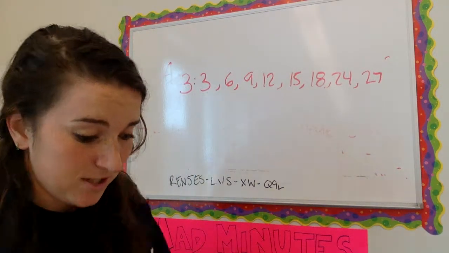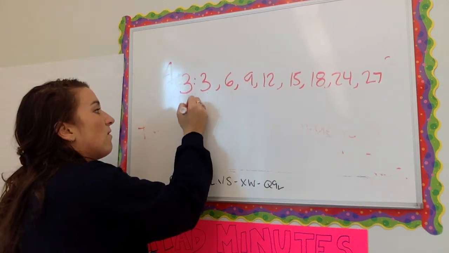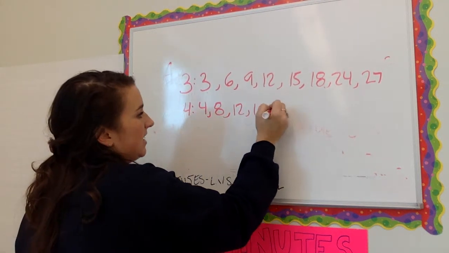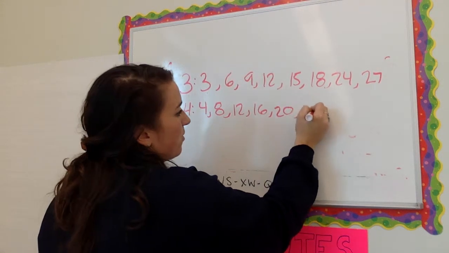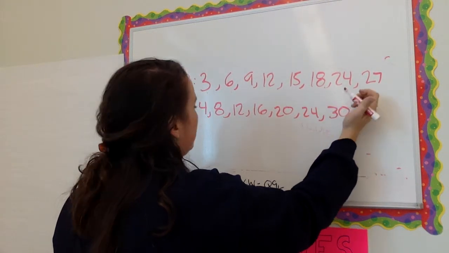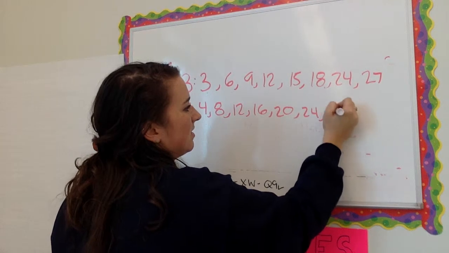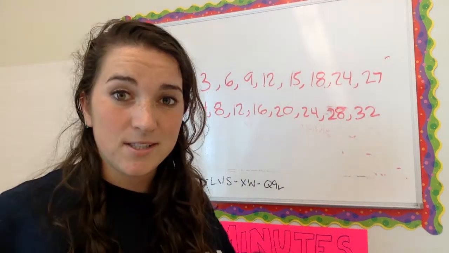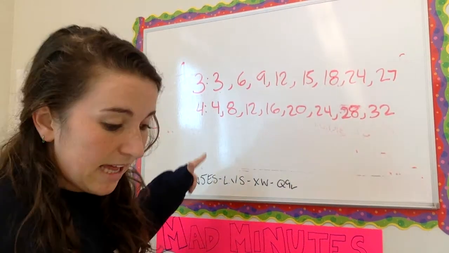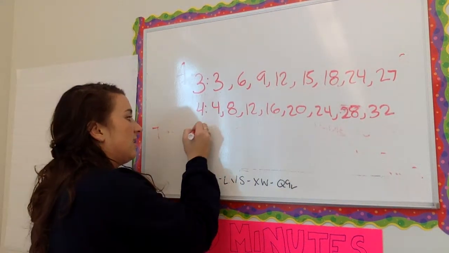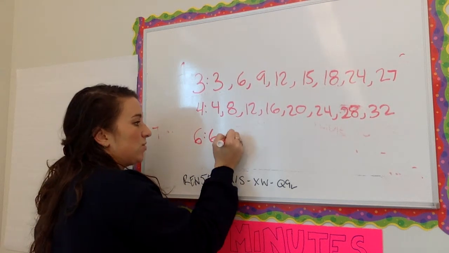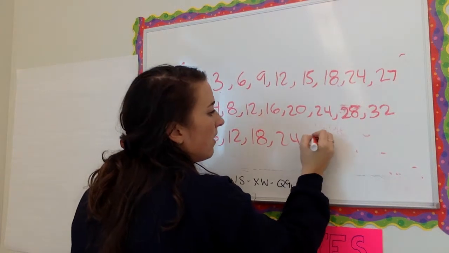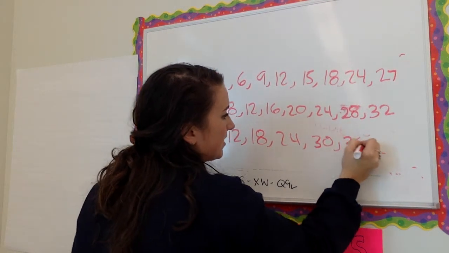Now I'll roll my multiples of 4. 4, 8, 12, 16, 20, 24, 28, 32. And I'm going to stop there. We'll see if I need to do more later. And finally, I'm going to end with my multiples of 6. 6, 12, 18, 24, 30, 36.